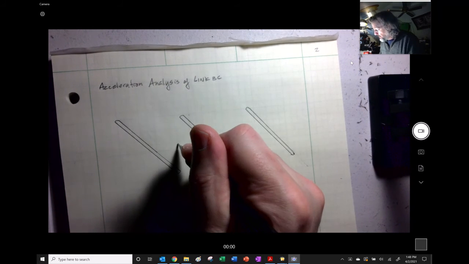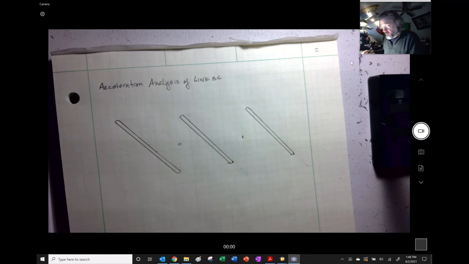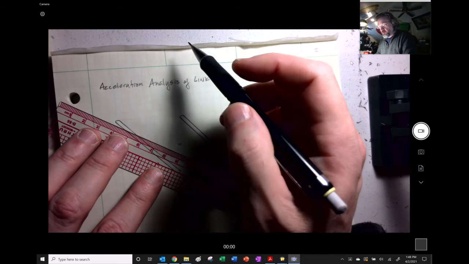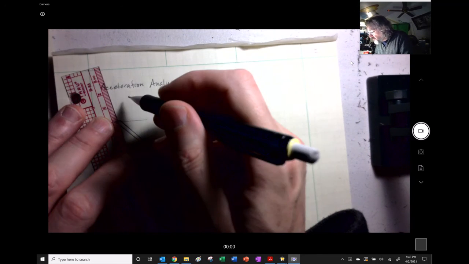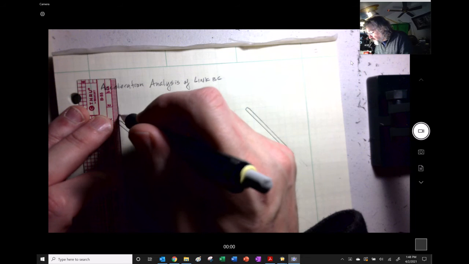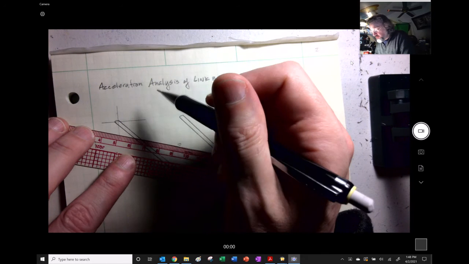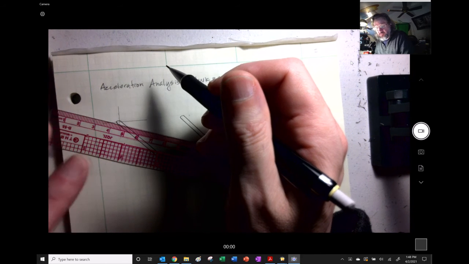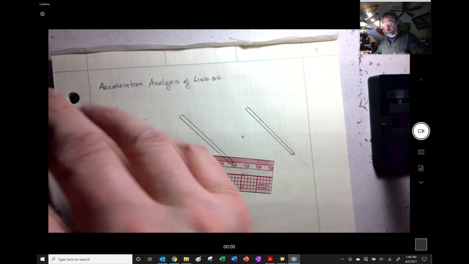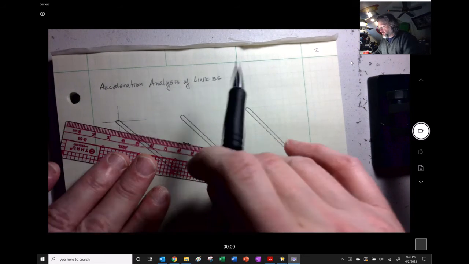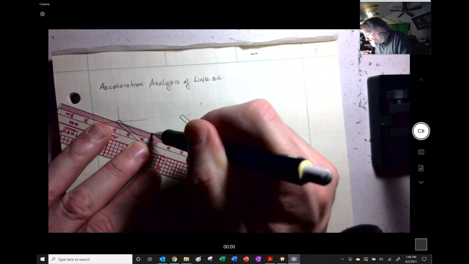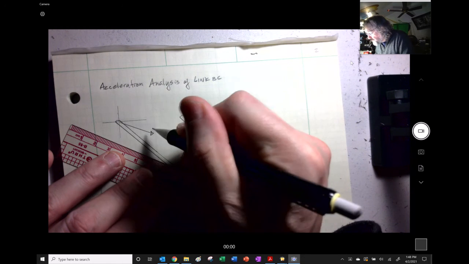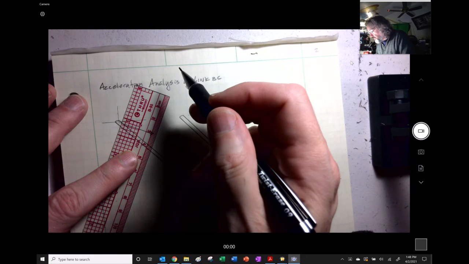So what we know up here, we'll draw the X and Y axes just a little bit there. We know that we have 30 degrees downwards, so I'll try to make that look right, about 30 degrees right here, and we have perpendicular to that.